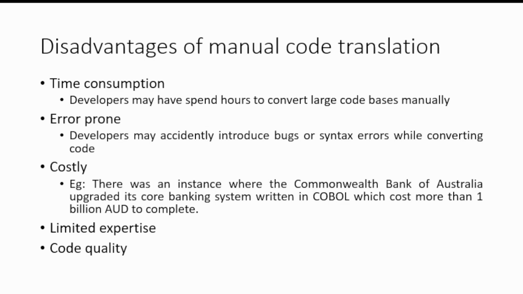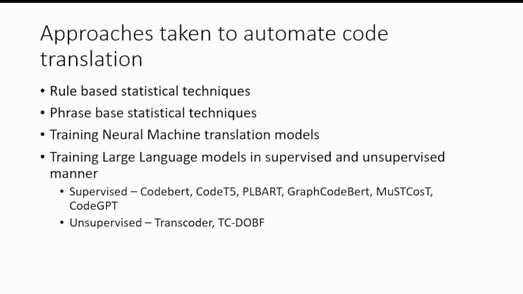So in that case, the gap will be filled by automating the code translation process, right? Following are the approaches taken to automate code translation tasks. One is rule-based statistical techniques, then phrase-based statistical techniques, then training neural machine translation models, and training large language models.